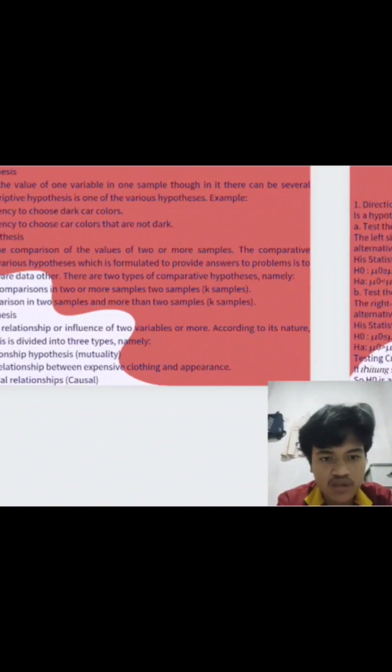This type of hypothesis is divided into 3 types, namely A. Symmetrical relation hypothesis, or mutuality. Example: there is a relationship between expensive clothing and appearance. B. Hypothesis of causal relation.